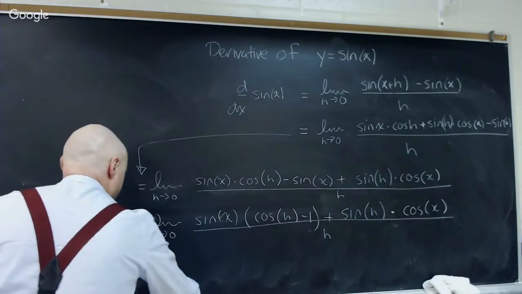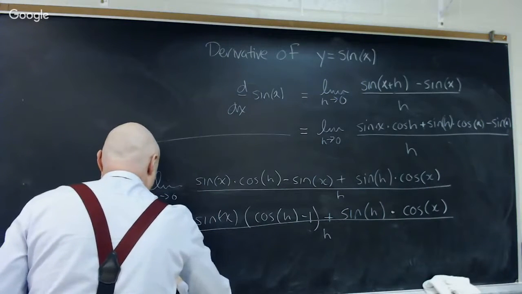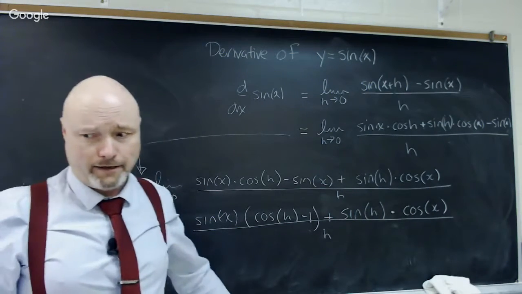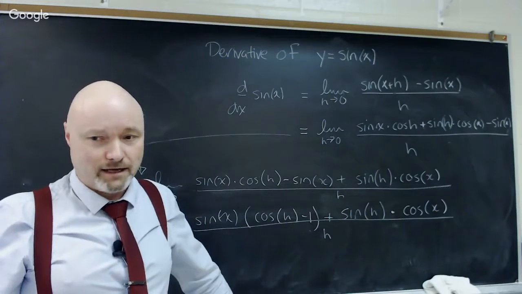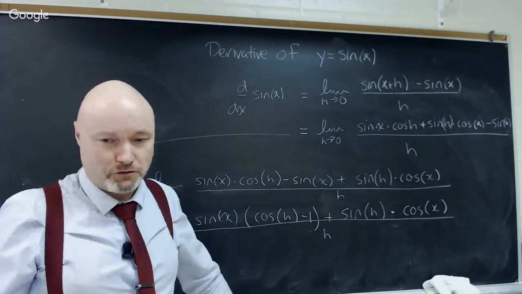I'm going to break this up into two fractions, and I'm going to apply the limit that I got right the first time, as well as the limit that I accidentally told you that wasn't true. Okay.